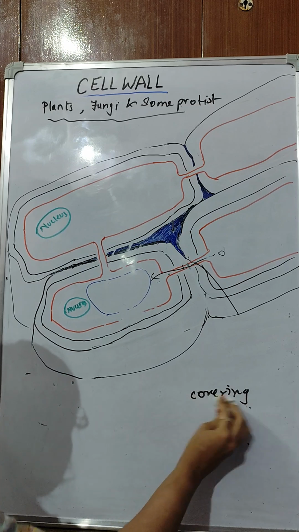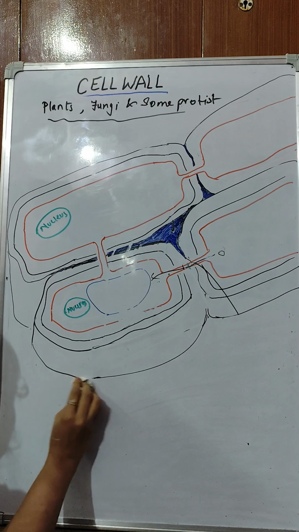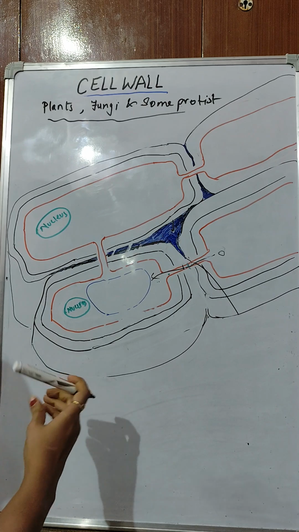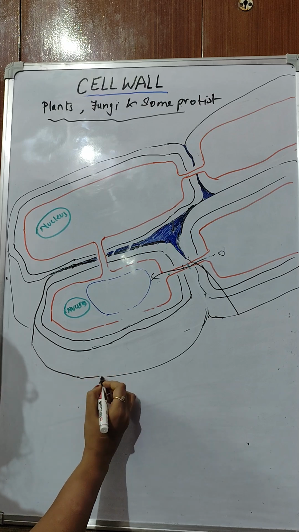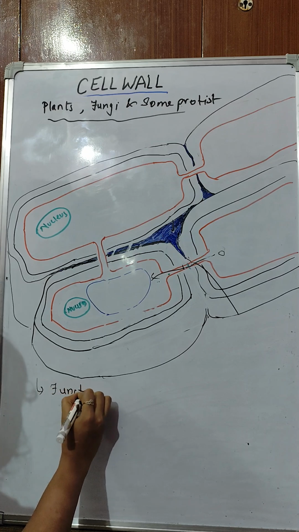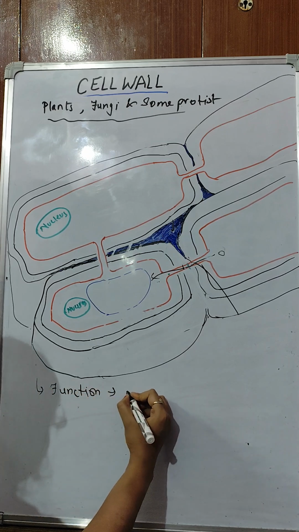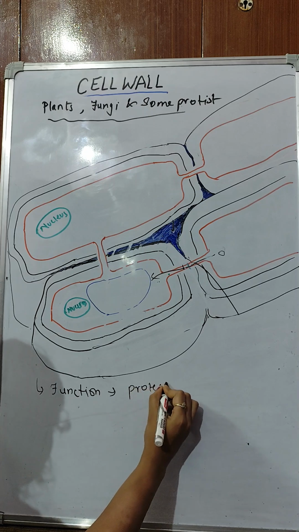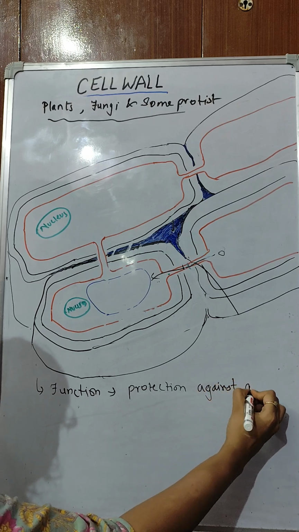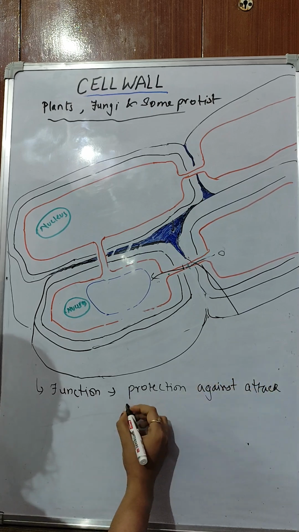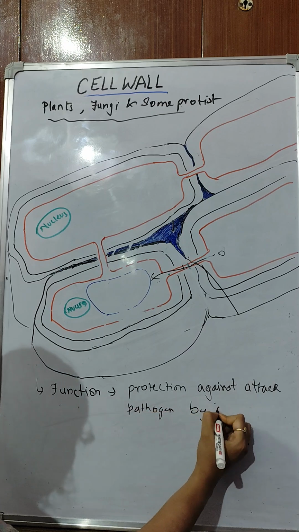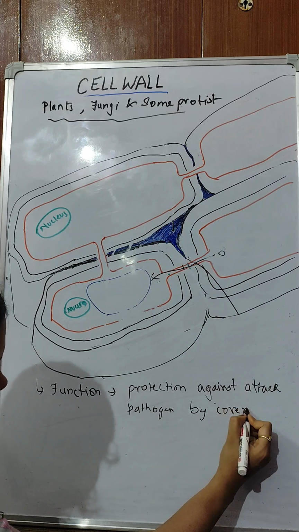Cell wall has various functions. It provides protection against attack by pathogen, by covering the protoplasm of the cell.